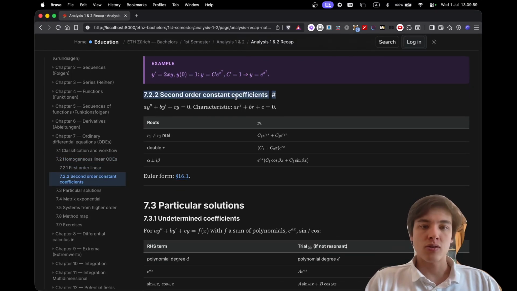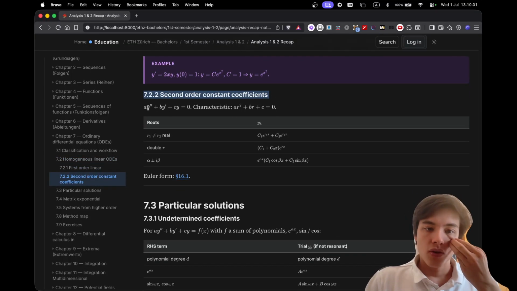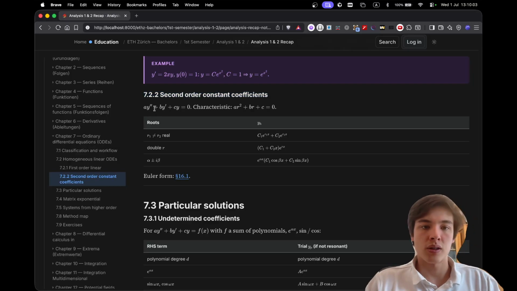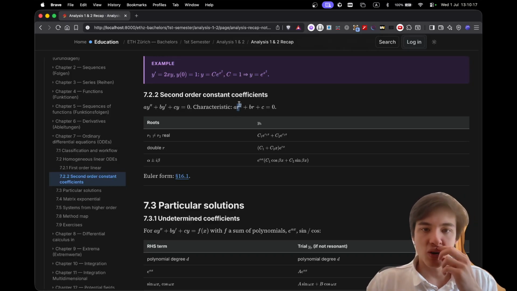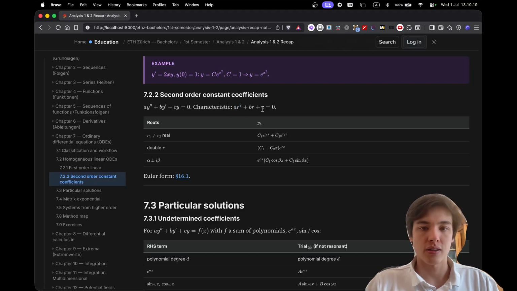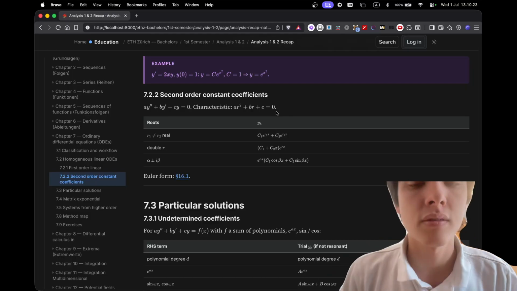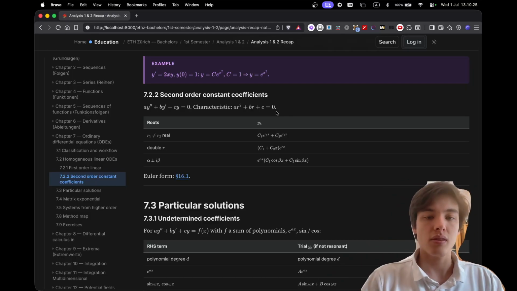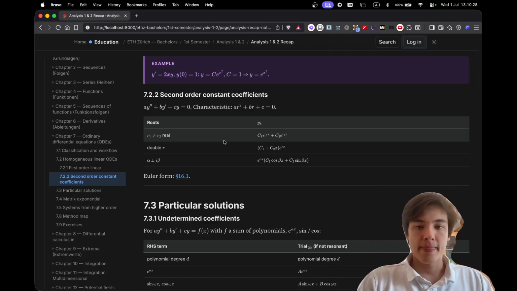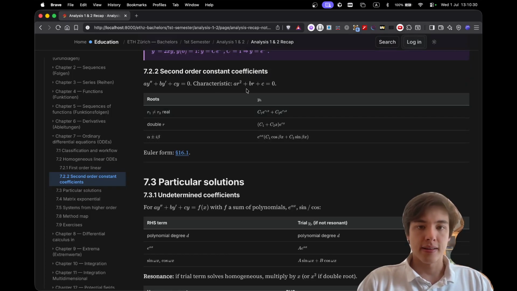For second order, or higher, with constant coefficients, these are just numbers. We can create a characteristic polynomial because we guess the solution to be e to the power of rx, and then we have r squared plus br plus c equals 0. Then we find the roots.